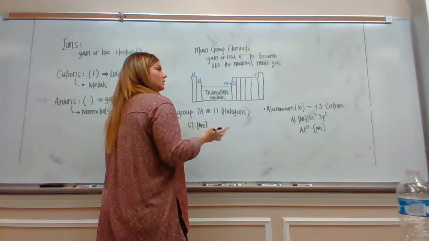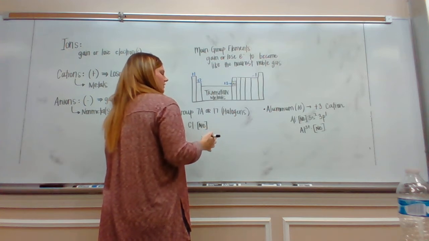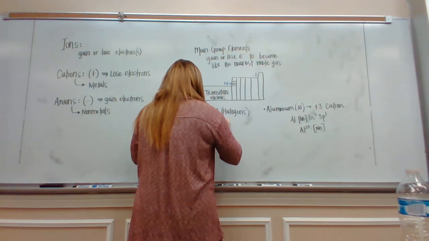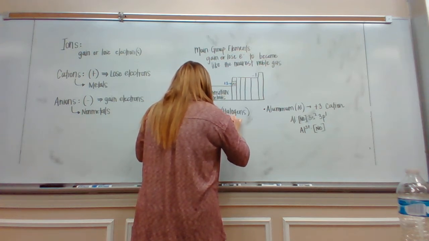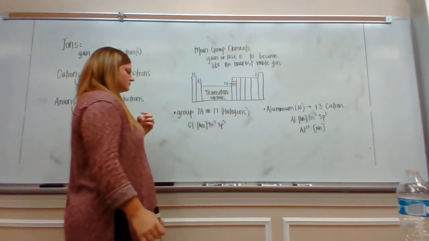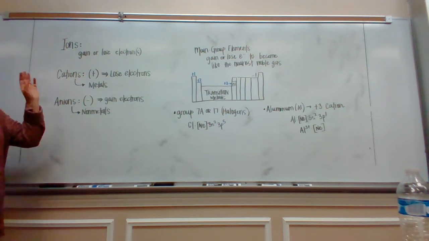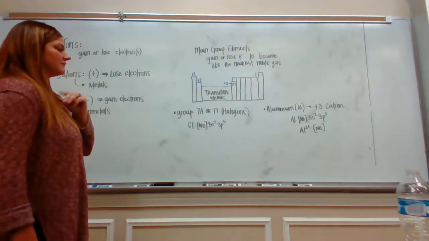So, for example, let me do chlorine. Chlorine neutral is neon 3s2 3p5.